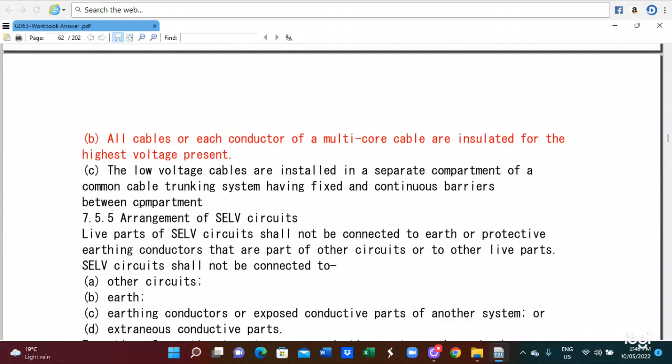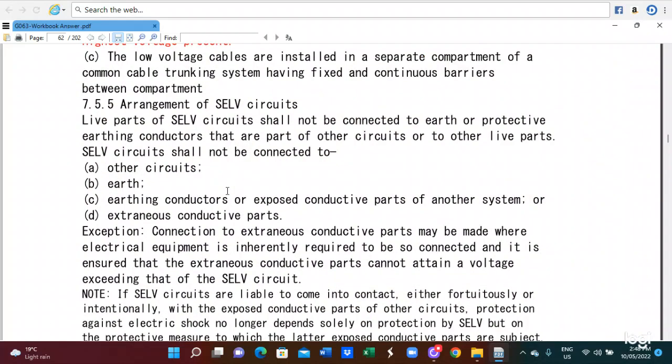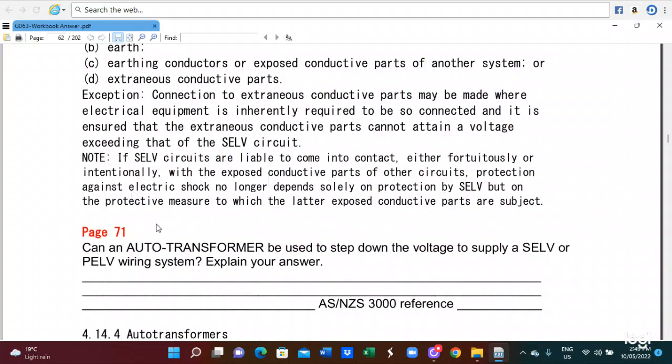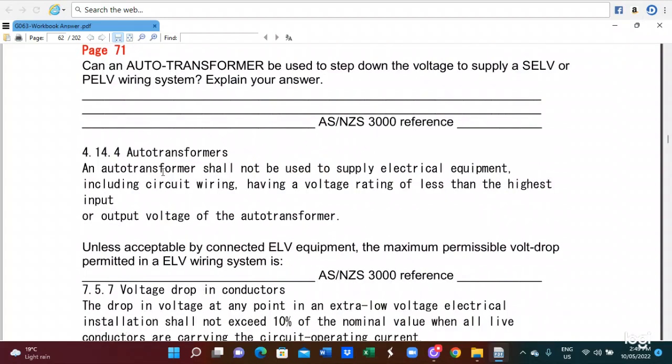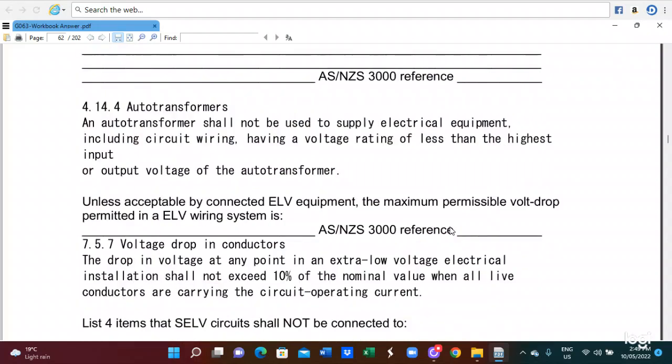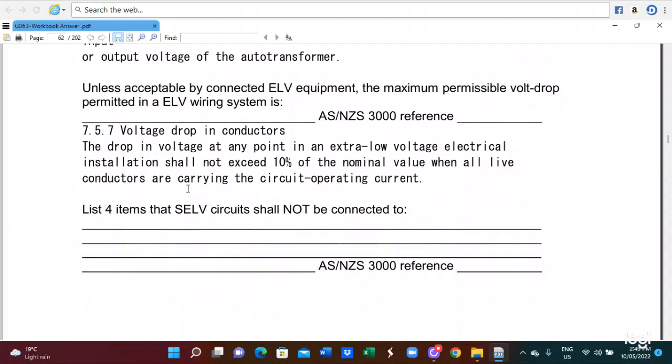This one also, clause 7.5.5 mentions the arrangement of the SELV circuit, and the other circuits' earthing conditions. Similarly, there is an autotransformer. You have to read 4.4.0.4, autotransformer, and 7.5.7, voltage drawing conductor.